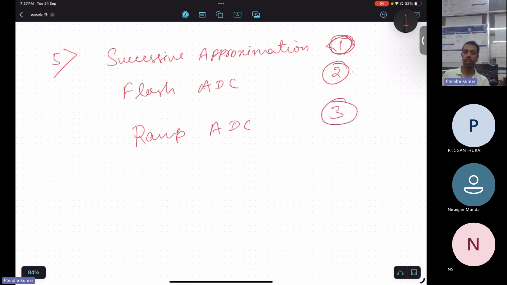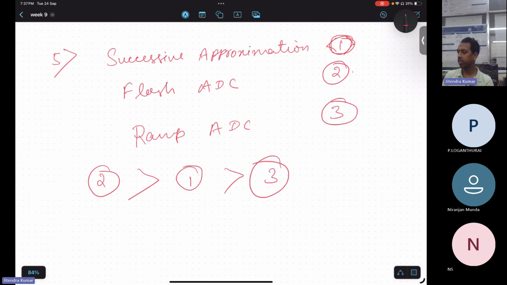You have to arrange them from fastest to slowest. The fastest we saw is flash, so 2 is the fastest. After that, which one will be the second fastest? 213. Exactly. So that is the order.